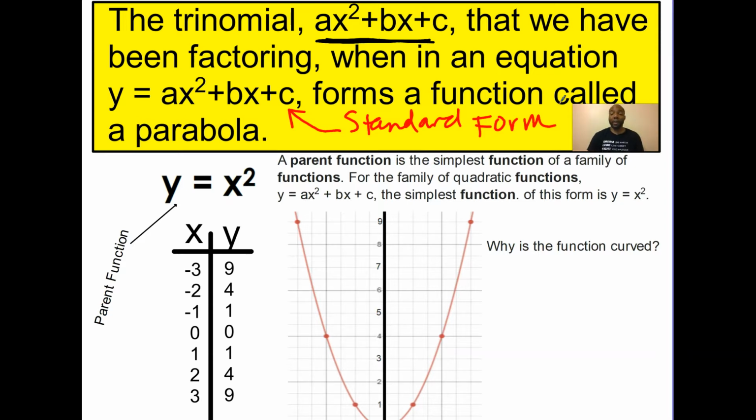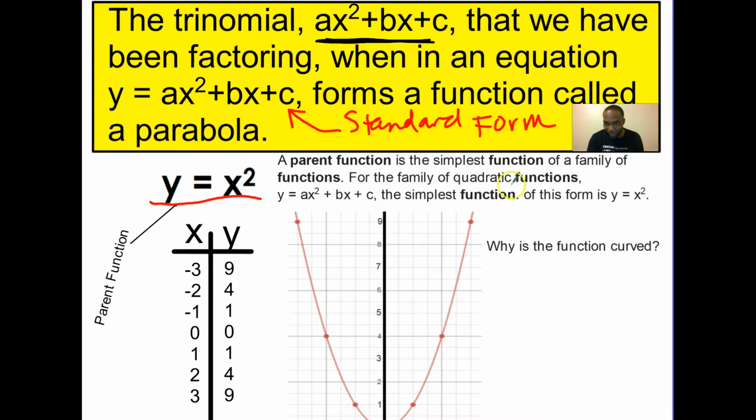All right, so a parent function. Okay, so y equals x squared is a parent function. A parent function is the simplest function of a family of functions. Let me read that again. A parent function is the simplest function of a family of functions. For the family of quadratic functions, y equals ax squared plus bx plus c, the simplest function of this form is y equals x squared.